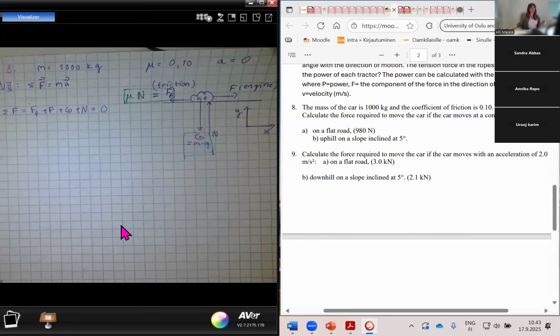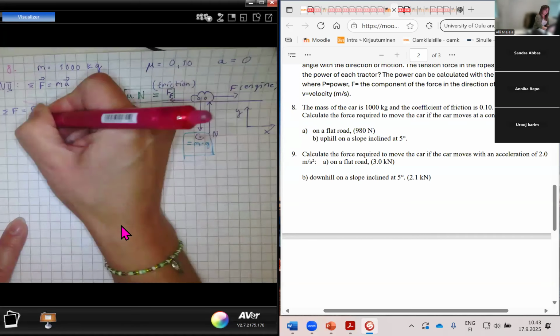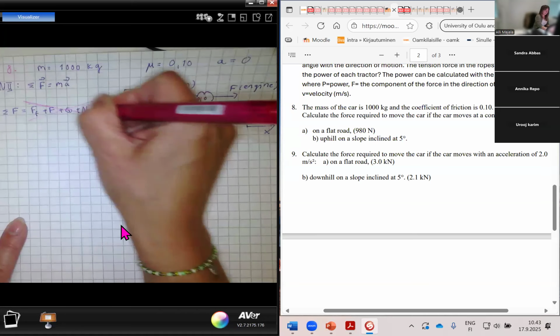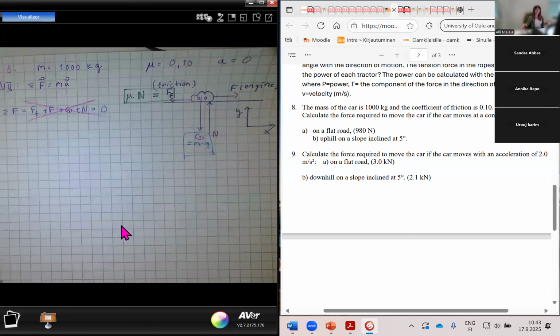Can you calculate forces that have different directions together just like that? No. Okay, this went completely wrong. So we can only sum together the vectors.